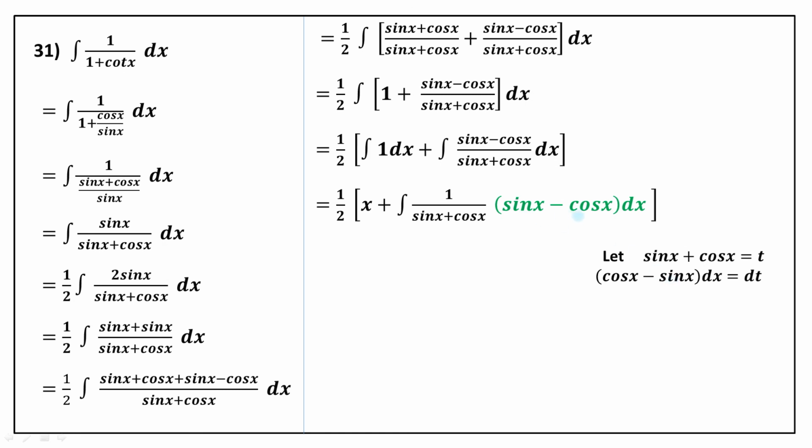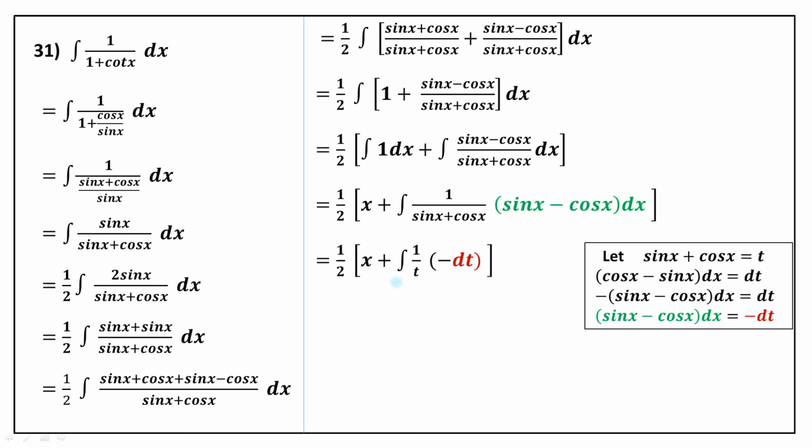We have sin x minus cos x into dx, but we got cos x minus sin x into dx. So we'll multiply both sides by minus 1 or take minus as common. And now sin x minus cos x into dx is equal to minus dt. You can skip this step and also write it by multiplying throughout by minus 1, and you get this term.